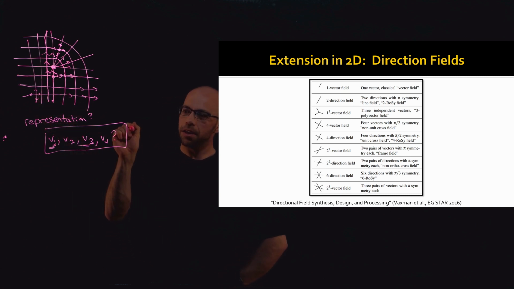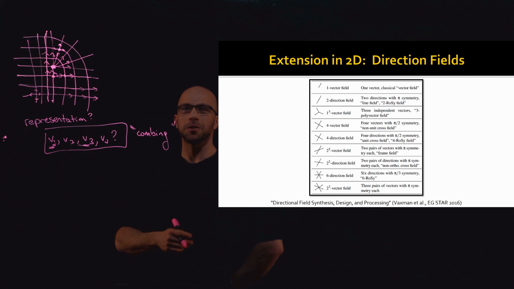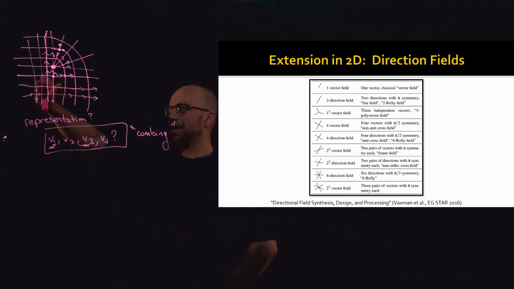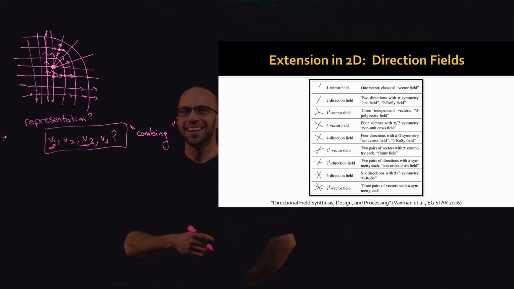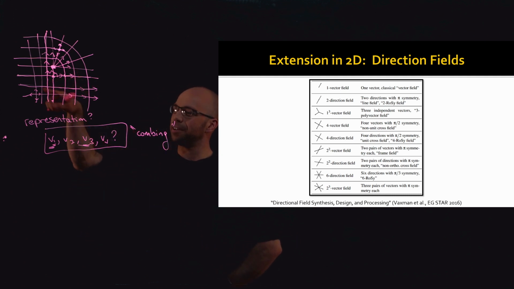This would be called combing. And at singular points, combing isn't always possible due to this phenomenon that I've just drawn, where I started by labeling on the right and then smoothly following that vector that points to the right around a loop, and I ended up with a vector that pointed up. This is also another instance of holonomy around a singular point here.